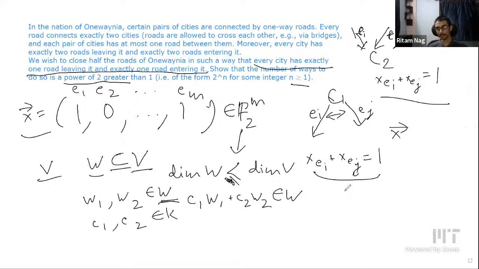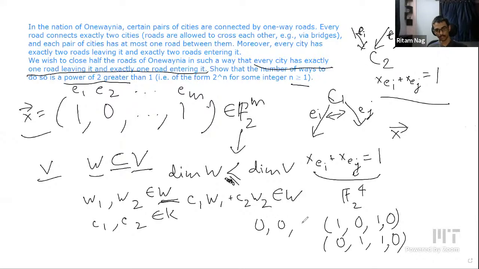Let me give an example. Consider F_2^4, right? Remember those span things? Those spans are examples of subspaces. If you remember F_2^4 and the example I gave, like 1010 and 0110, these four vectors form a subspace, including 0000.